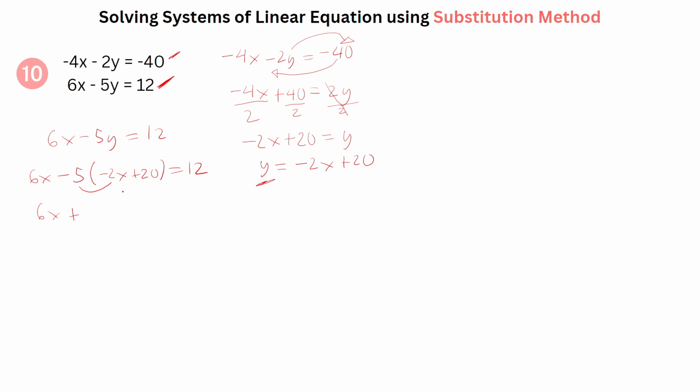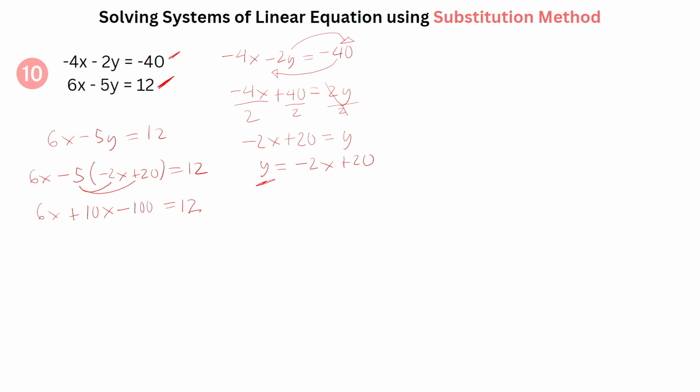So 5 times 2x now would be 10x, right? So positive 10x because it's negative times negative. Next one would be negative 5 times 20. Okay, so negative times positive, that's gonna be negative. So 5 times 20, that is 100, is equal to 12.